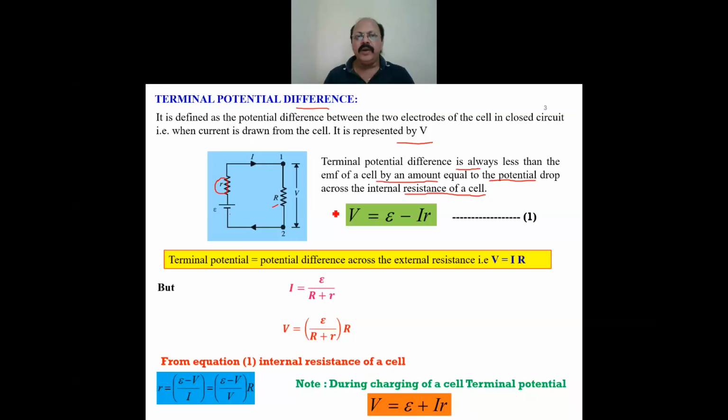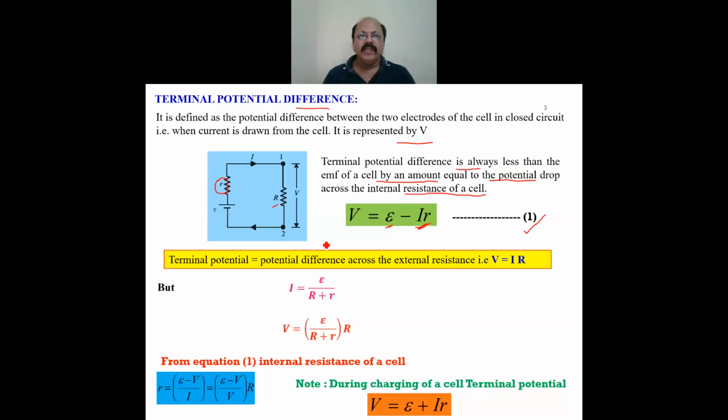So the terminal potential difference in that case becomes V equals E minus Ir, where E is the EMF of the cell. So terminal potential difference is always less than the EMF of a cell by an amount equal to the potential drop across the internal resistance of the cell. This is known as terminal potential difference.